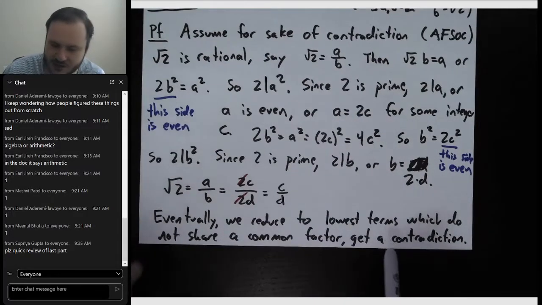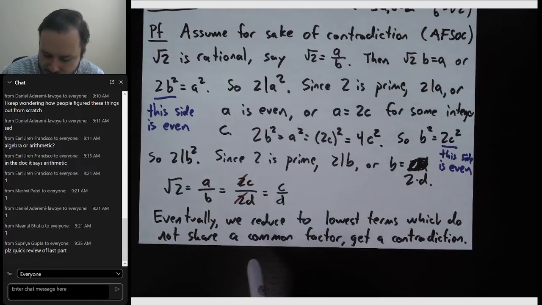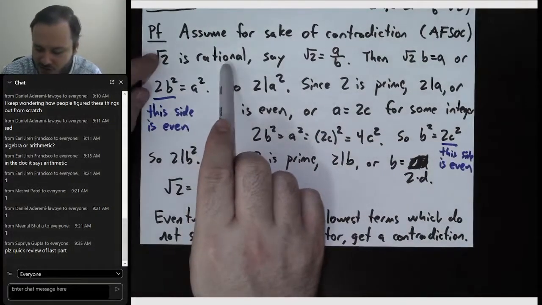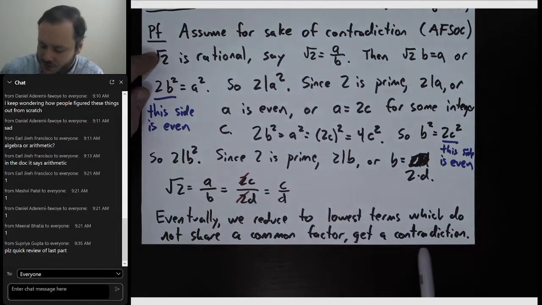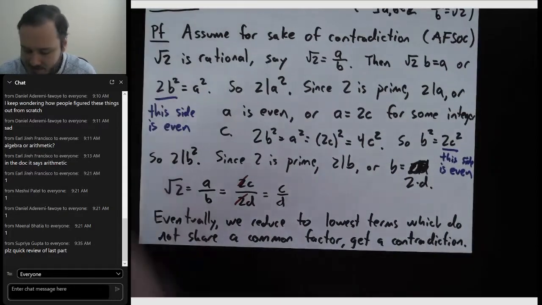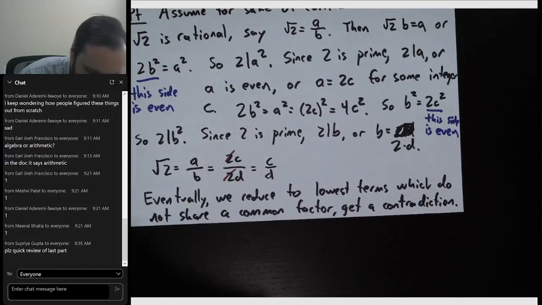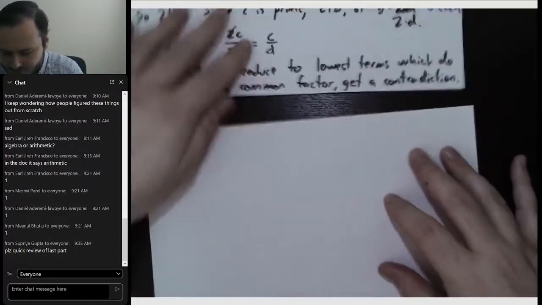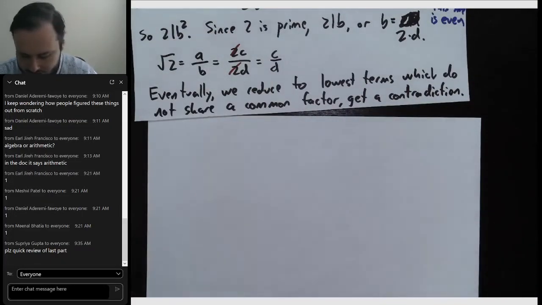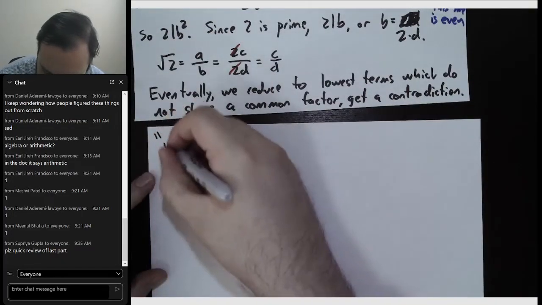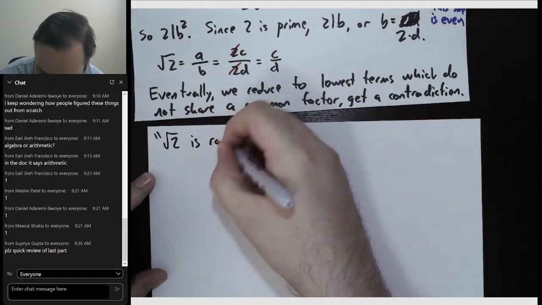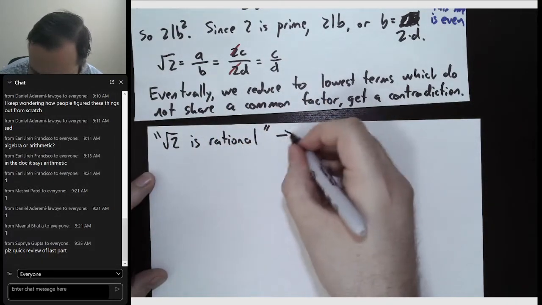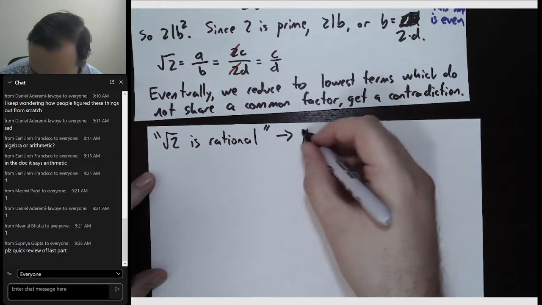That's a contradiction. If you assumed that square root of 2 is rational, and you got a contradiction, that means our statement square root of 2 is rational implies falsehood.